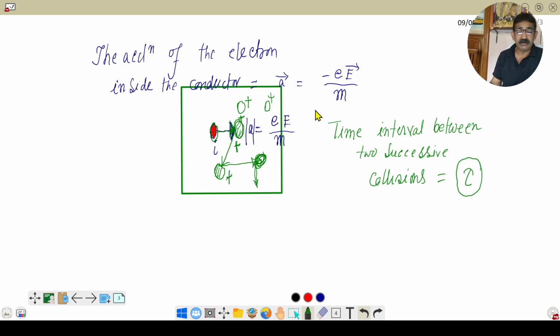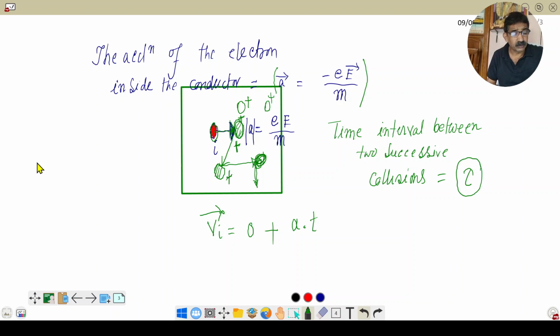Okay, and we know the acceleration of the electron, a, is equal to minus eE by m. So if the velocity before collision is equal to 0, the velocity after collision is equal to v, which is 0 plus acceleration a into t.